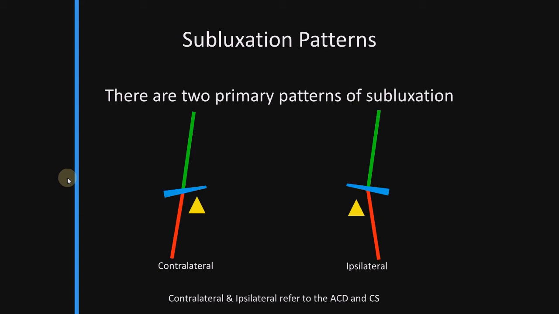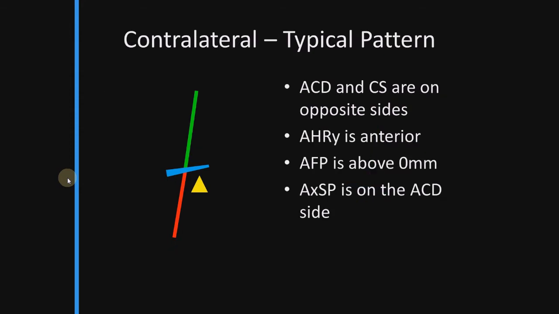There are two primary patterns of subluxation. One is referred to as a contralateral pattern, and the other as an ipsilateral pattern. Here we have our typical contralateral pattern, where the ACD upper angle and the cervical spine acute lower angle are on opposite sides from each other.